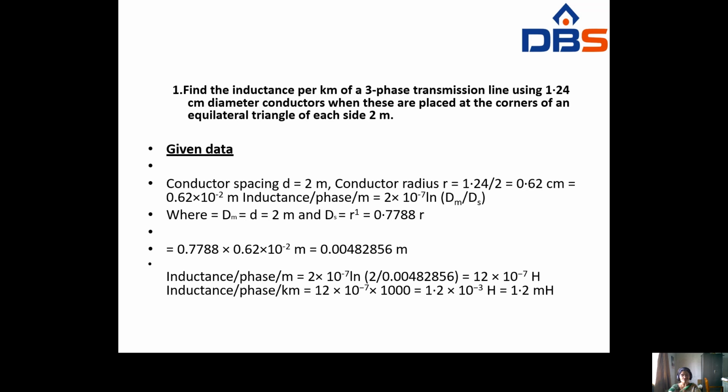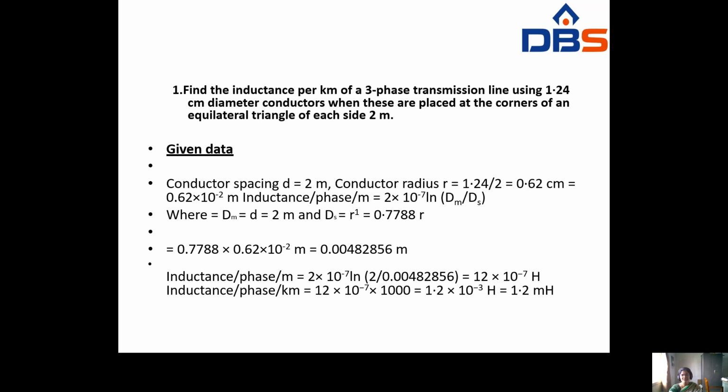So in the problem you have to note that you are using three conductors, and these three conductors are placed at the corners of an equilateral triangle of each side of 2 meters, and the diameter of each conductor is 1.24 centimeters. Now we have to find out the inductance value.